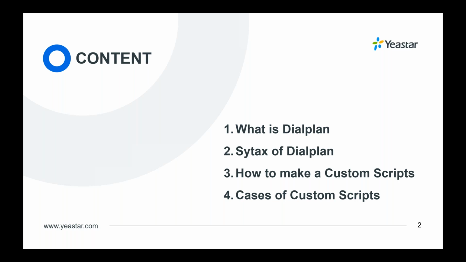After that, I will tell you how to make a custom script and make it work. Last, I prepared 3 cases where we can learn real cases to achieve some new features by changing or making a new custom script.